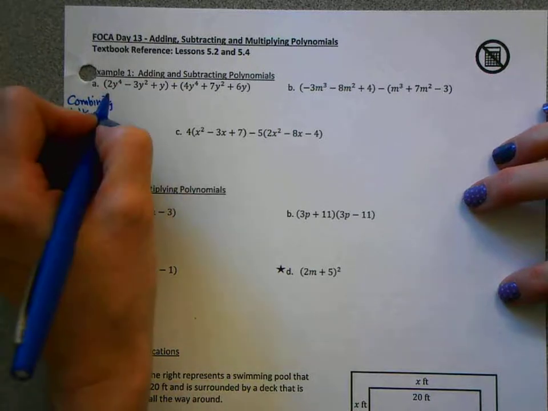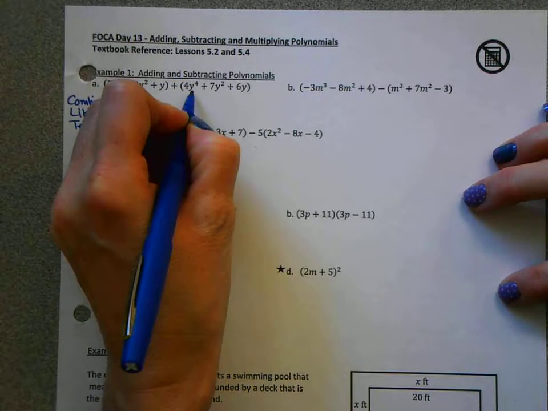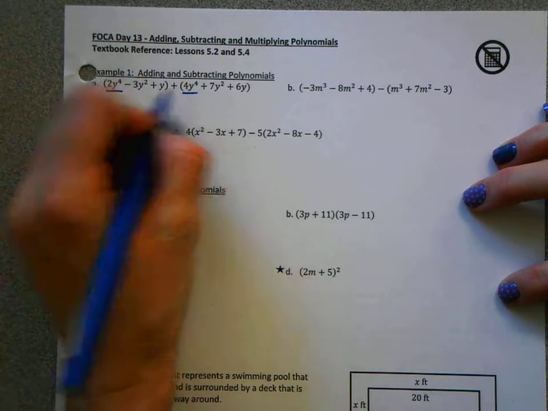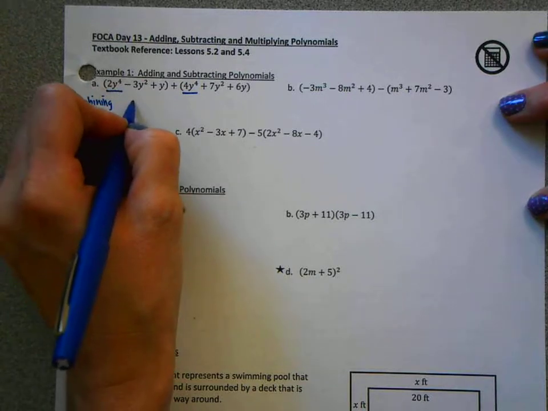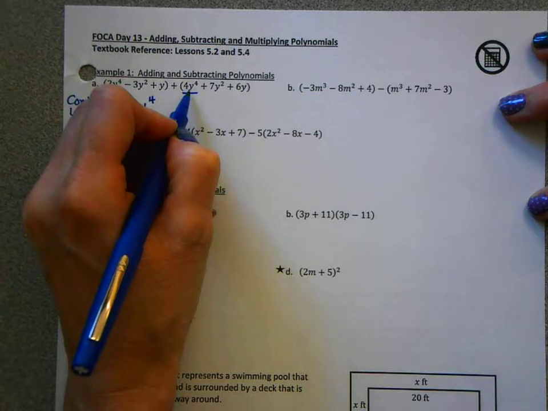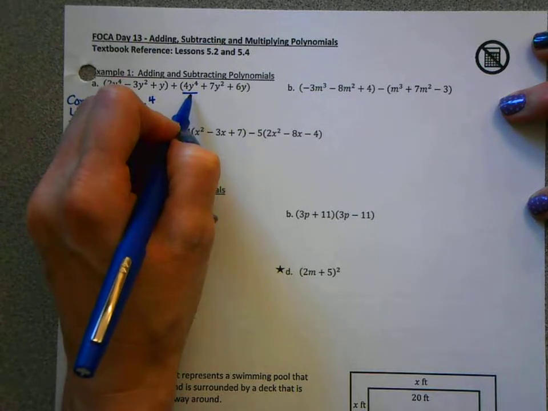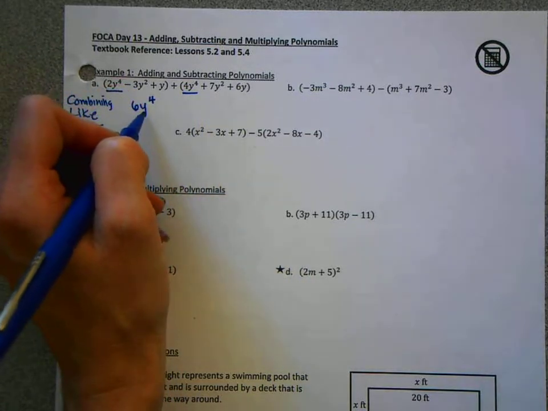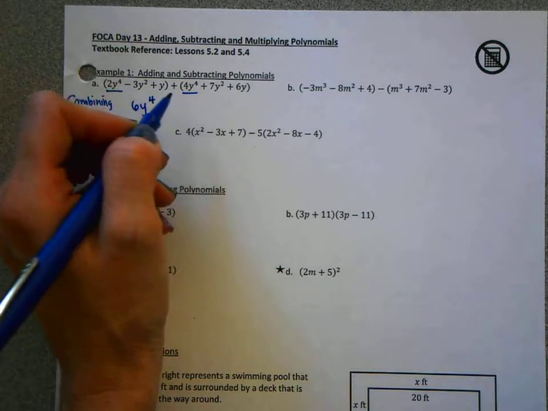So in this expression, my first like terms that I can put together are 2y to the fourth and 4y to the fourth, which gives me 6y to the fourth. You're just adding the coefficients on the front and then just tagging it on the y to the fourth. Don't try to add exponents.